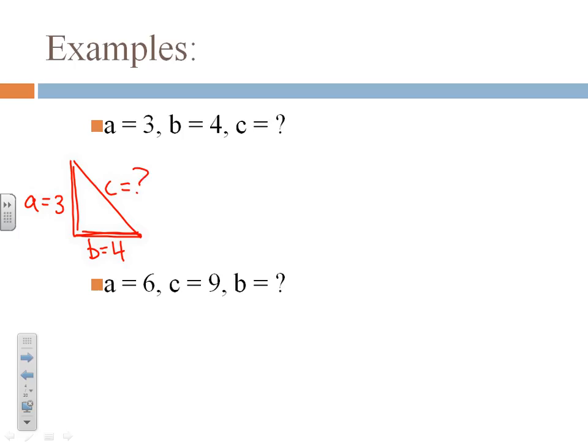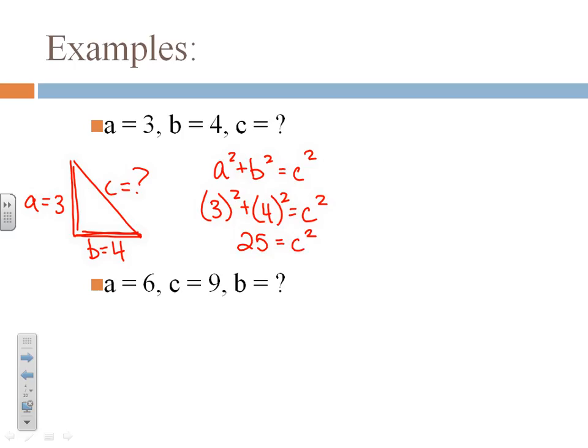So the equation that I'm going to use here is my Pythagorean theorem. A squared plus b squared equals c squared, right? I'm going to go ahead and substitute my values. Alright, and we've solved so many problems at this point, so this should be pretty good. 3 squared is 9, 4 squared is 16, that gives us 25 over here on the left side, and then if I root that, then I'm going to get c is equal to 5.